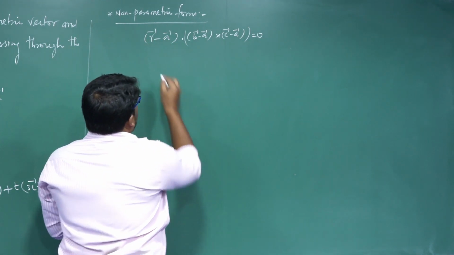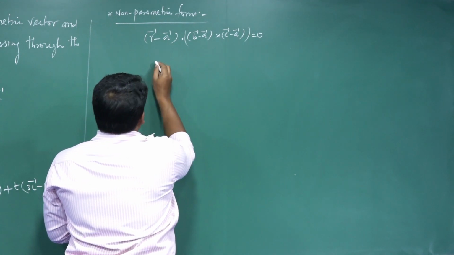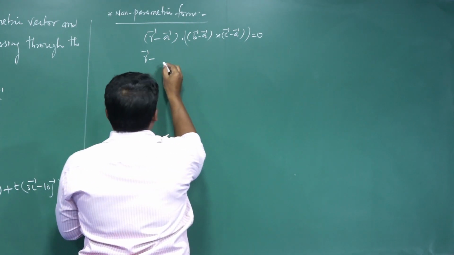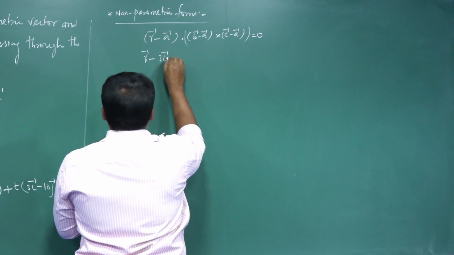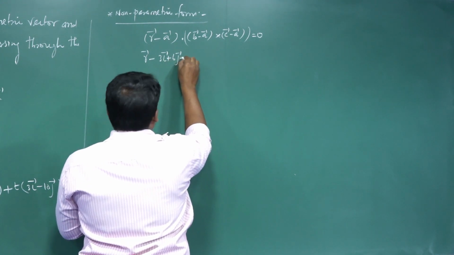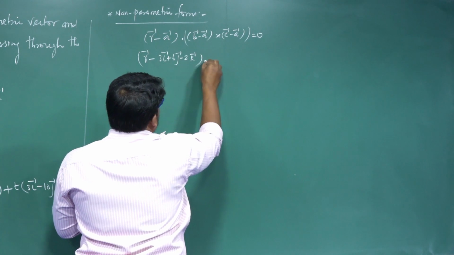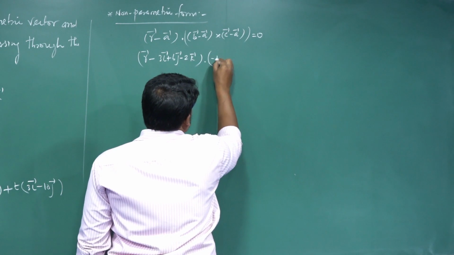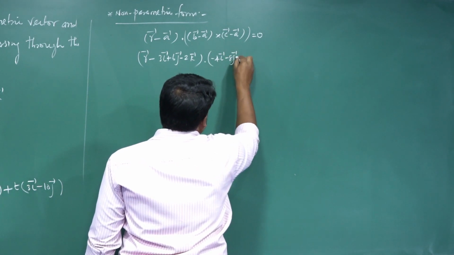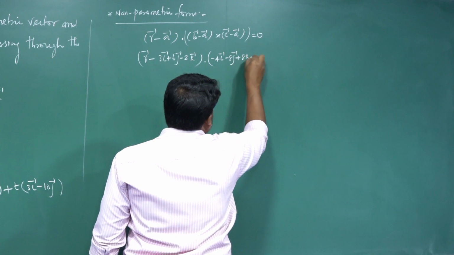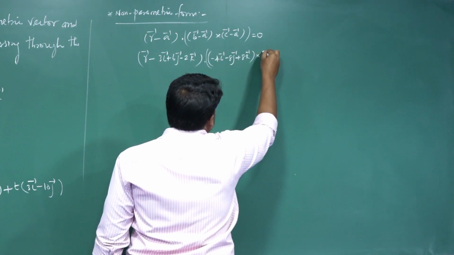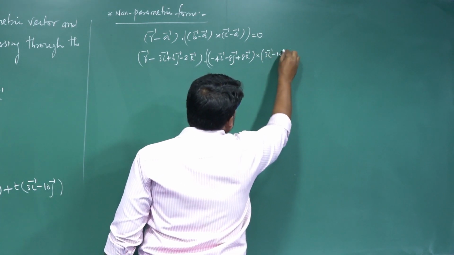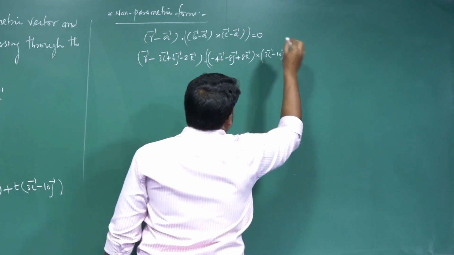Now substituting: r vector minus a vector, here a vector is 3i vector plus 6j vector minus 2k vector, dot (b minus a), where b minus a is minus 4i minus 8j plus 8k vector, cross (c minus a), where c minus a is 3i vector minus 10j vector.